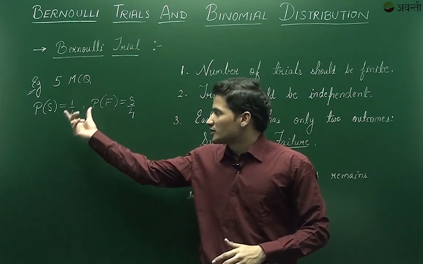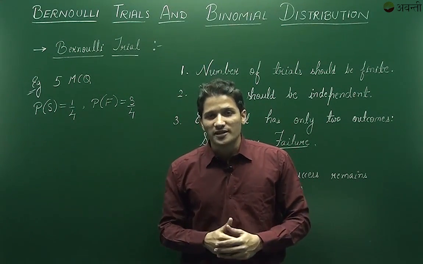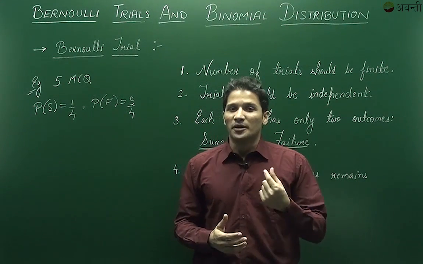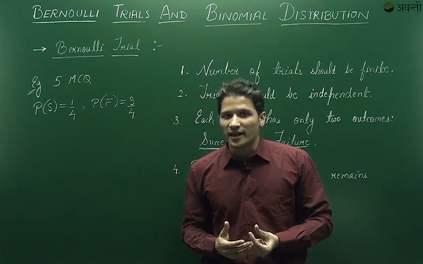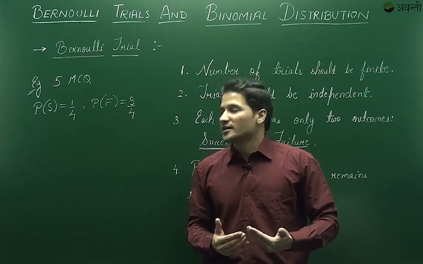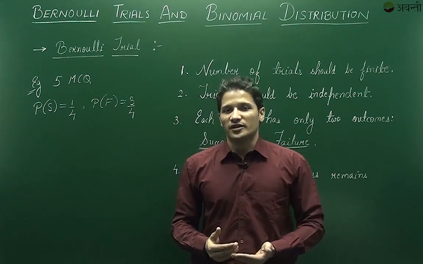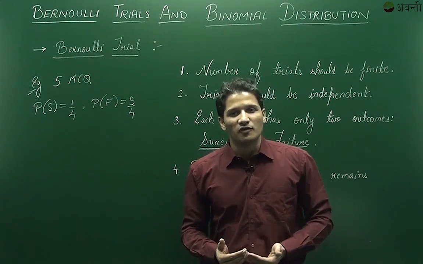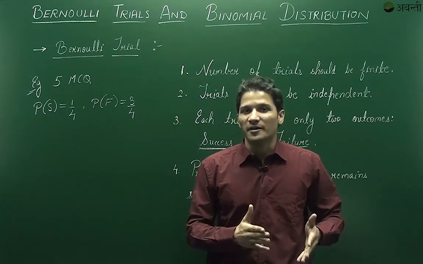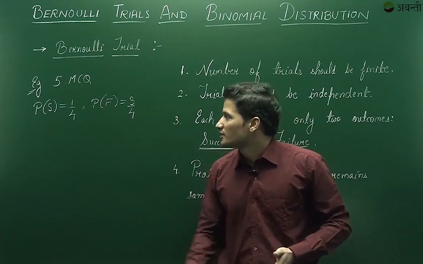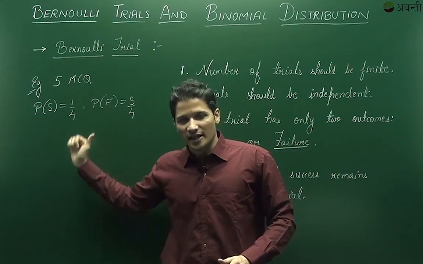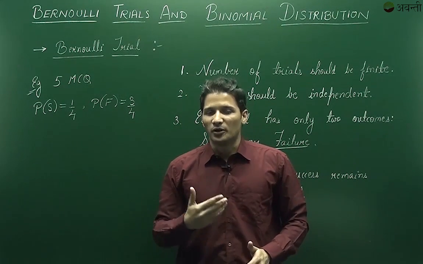In all these questions we have 4 options, and only one option is correct. So the probability of success, getting a correct answer, is 1/4. In the second question also, the probability of success is 1/4. In fact, in all the questions it is 1/4. Since the probability of success in each trial is the same, the fourth condition is also satisfied. So since all these conditions are satisfied in our example, we can say that it's a case of Bernoulli trial.